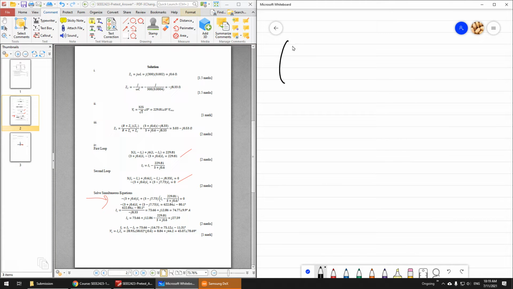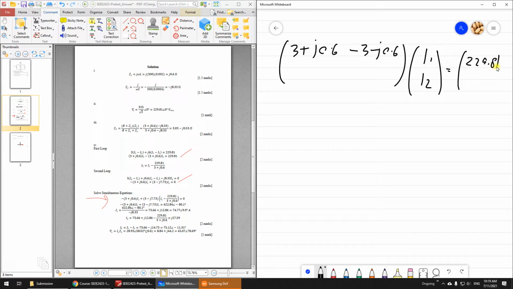You can see here 3 plus j0.6 and then minus 3 minus j0.6. Make sure you don't forget about the minus. And of course I1, I2, and then equals to this one, 229.81.